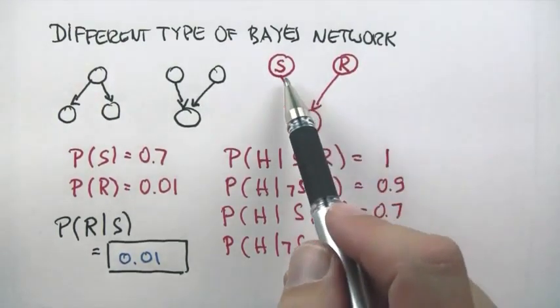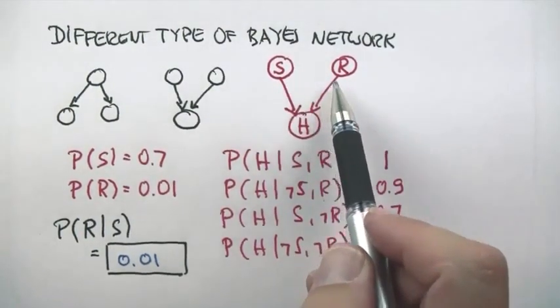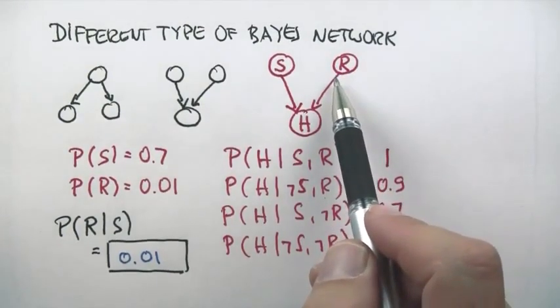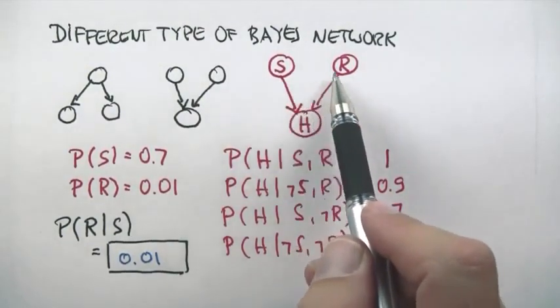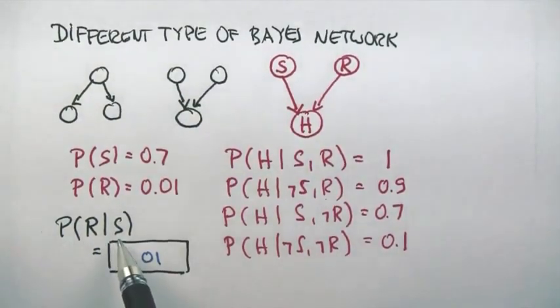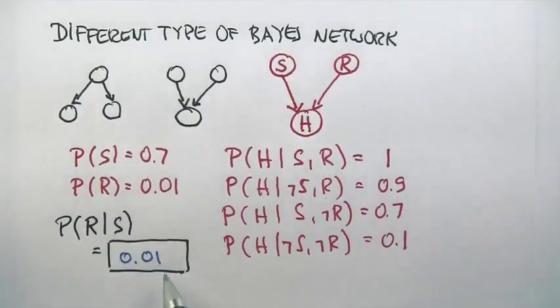In fact, it might be independently sunny and it might independently get a raise at work. There's no mechanism by which these two things would co-occur. Therefore, the probability of a raise, given that it's sunny, is just the same as the probability of a raise given any weather, which is 0.01.